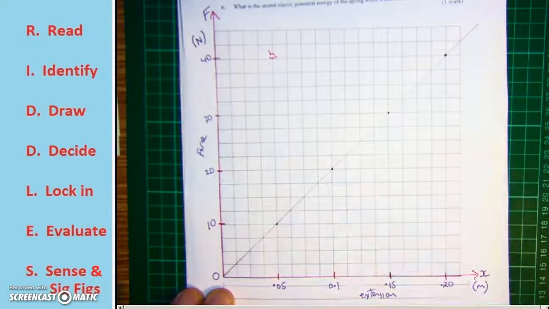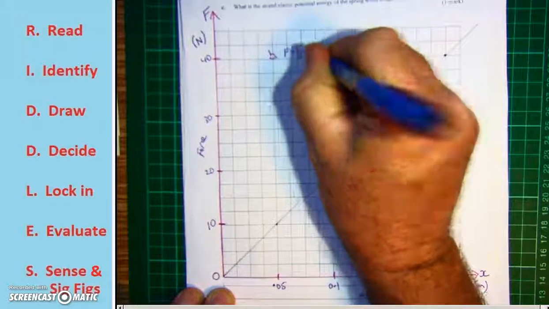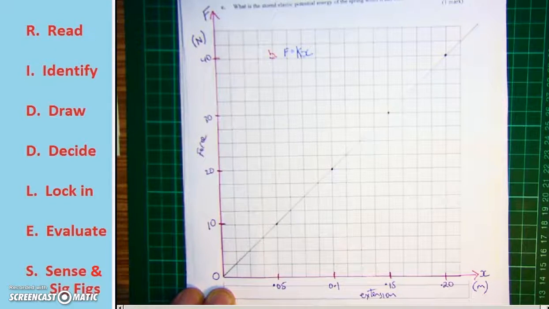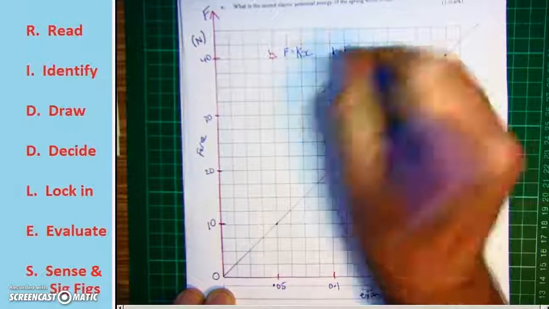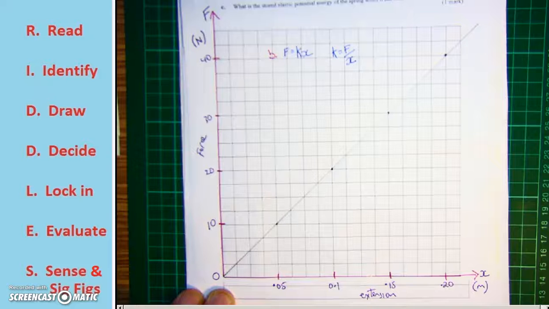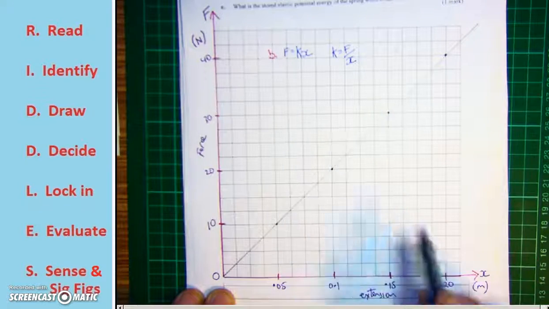Find the spring constant. Now we know that F is equal to k times x, so we're after the k value. k is equal to F over x, which is the gradient. Because it goes through the origin, a rise of 40 is a run of 0.2.